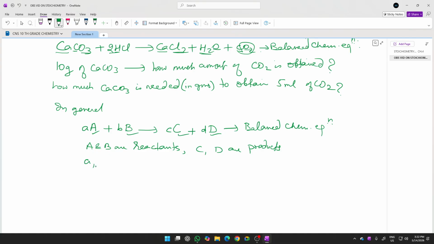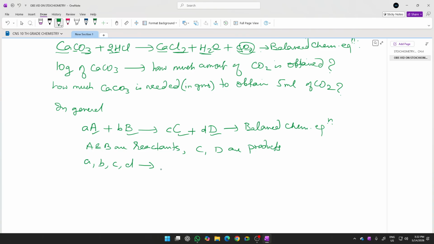This small a, small b, small c, and small d are in the form of some numbers. It can be 1, 2, 3, 4, any natural numbers. It can be even a fraction, right? Half, and 3 by 2, something like that. Even fractions are possible, but mostly it is a whole number, and positive numbers.